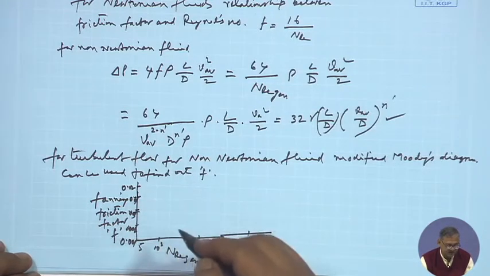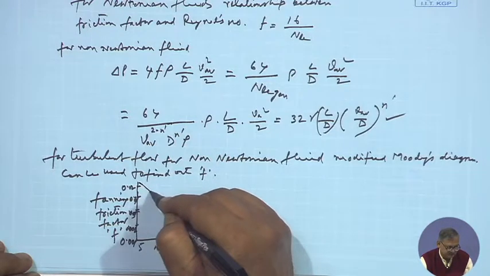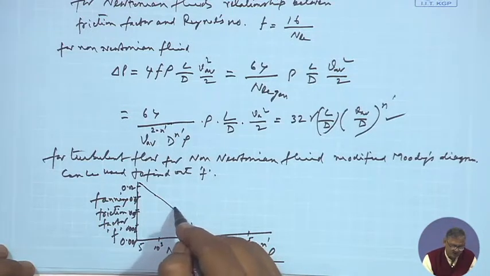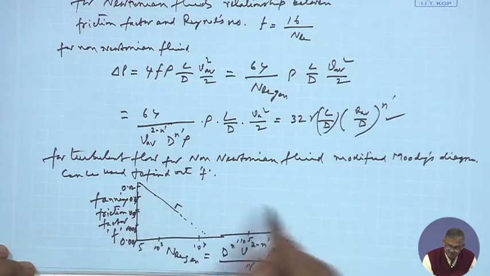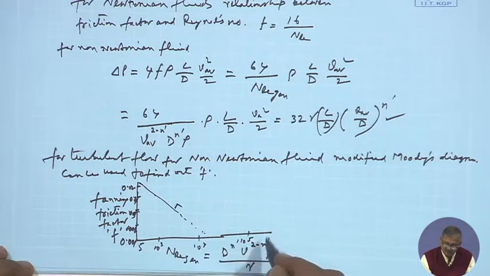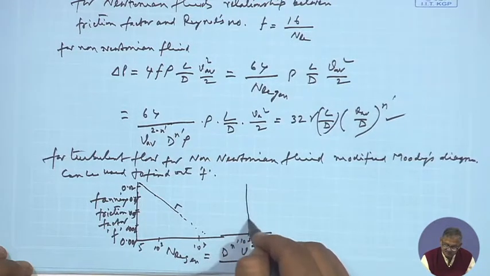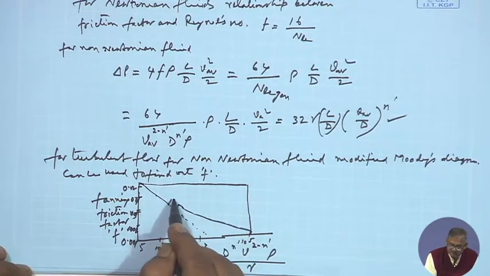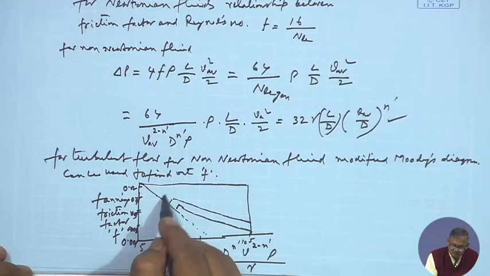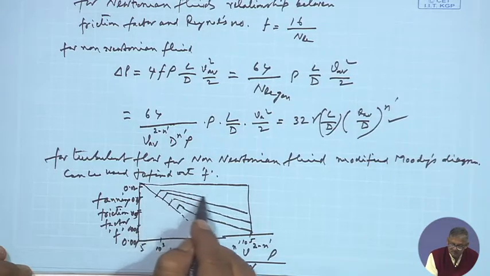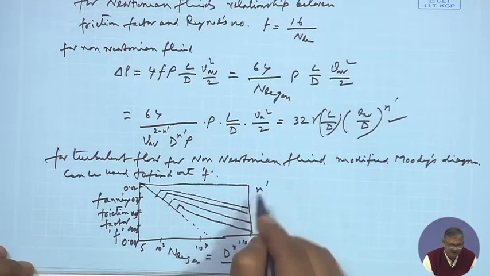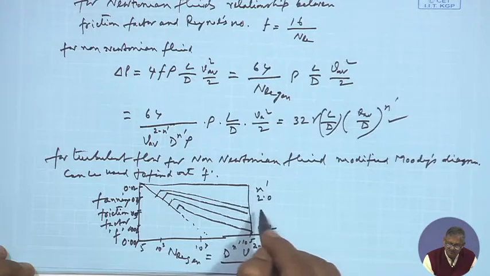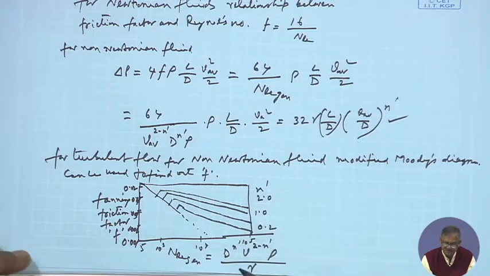So, the plot is like this, and for different n prime, n prime can be 0.2 to say 2.0, in between say 1.0, things like that.